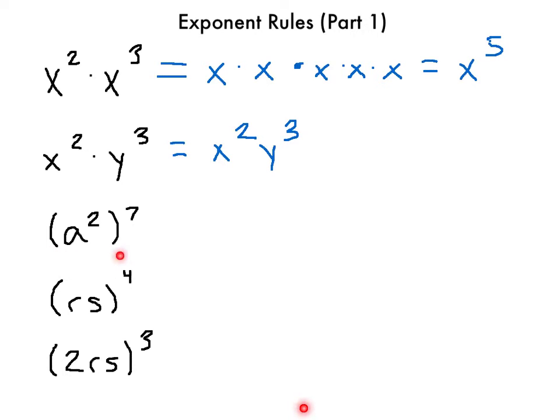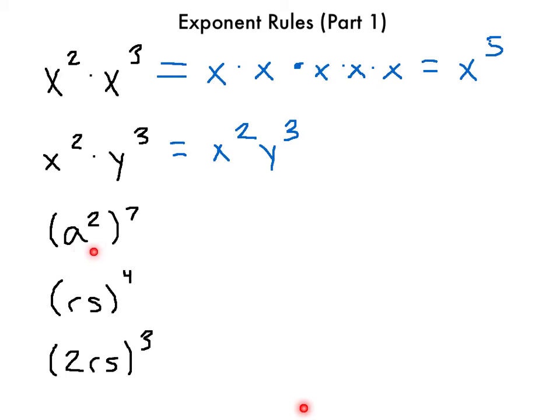The next example is power of a power. So notice how here we have an exponent and here we have another exponent right next to it. It's usually separated by a set of parentheses. Looking at the first example, we actually had a base, a variable, in between the two exponents. So here, the reason why this works is the same reason why this works up here.